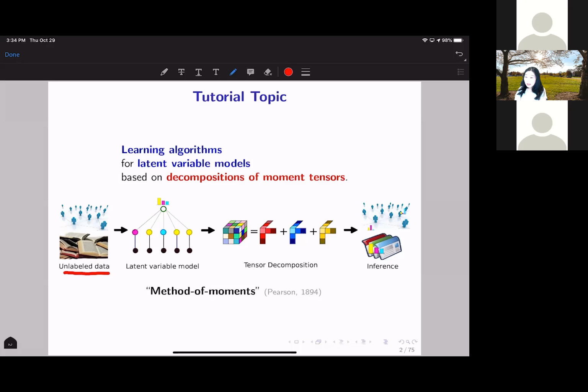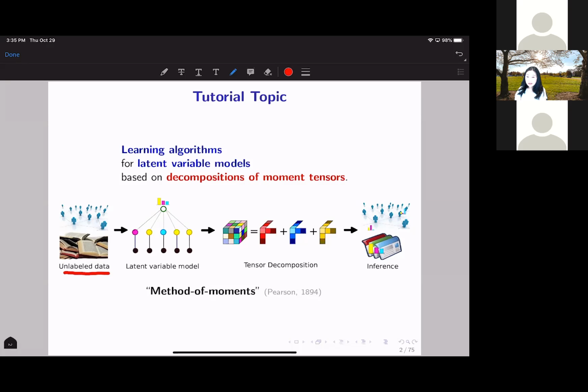So basically these are some unlabeled data, and based on some domain knowledge, we propose some kind of latent variable model on top of it. So now linking this back to the statistical learning theory, what this means is that we propose some kind of hypothesis class, right? So this hypothesis class becomes the latent variable model we choose.